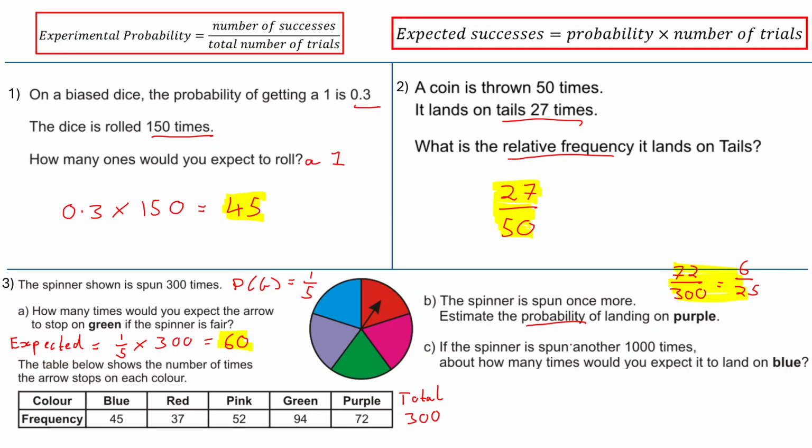Okay, last one. If the spinner is spun 1,000 times, how many times would you expect it to land on blue? So remember, expected successes, we're expecting to land on blue is the probability of getting a blue from this table here. We know that the probability of getting a blue is equal to 45 out of 300.